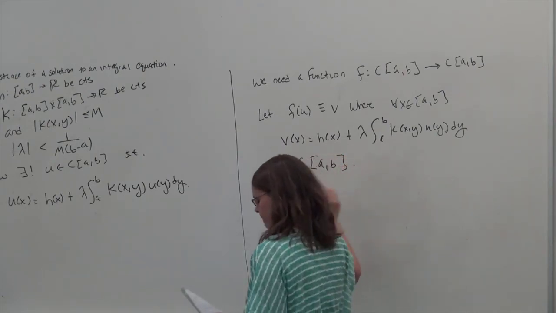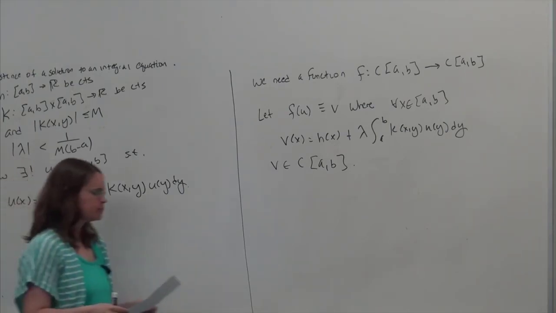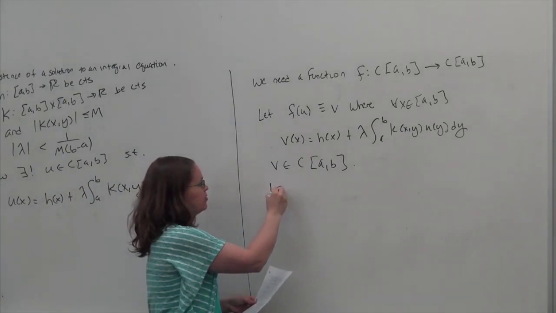That's not a problem. It matters that we land in the same metric space, but what we really want to know is, is this a contraction? Because if it's a contraction, then we're done. Then we have this lovely fixed point theorem that tells us there's a fixed point. So this is our big question: is f a contraction?